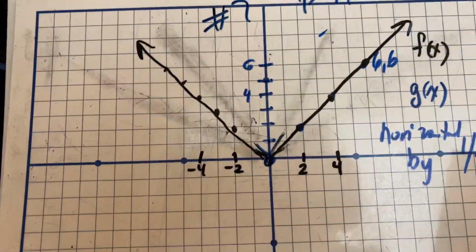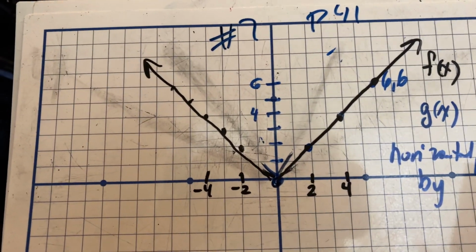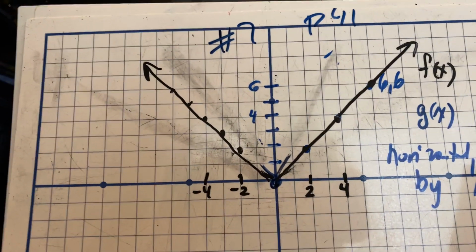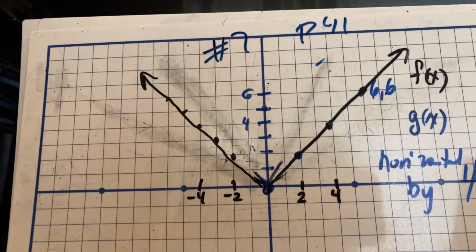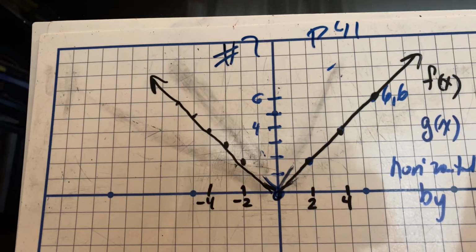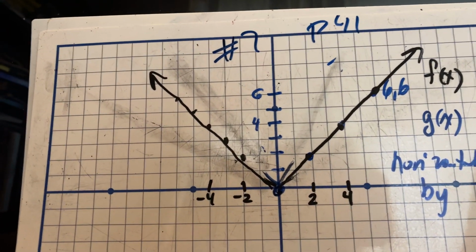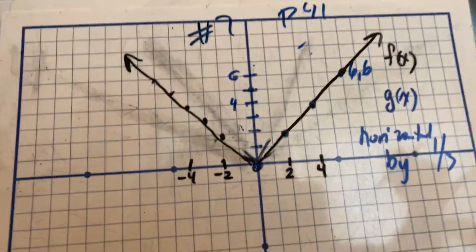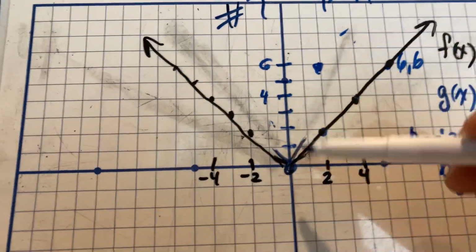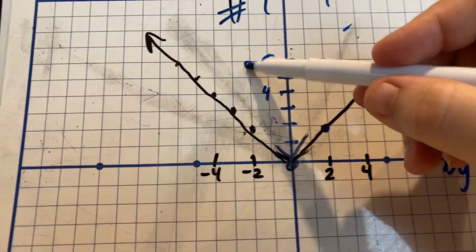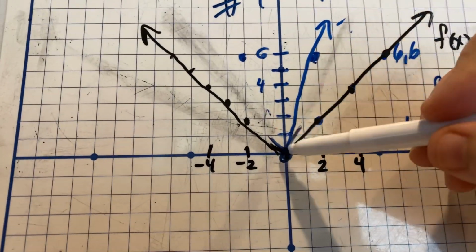A horizontal compression is going to be similar to a vertical stretch. So we're going to wind up with a graph that is narrower or tighter than the given one. And so 2 is going to go to 6, and also -2 is going to go to 6. I'm going to do this as quickly as I can. Sorry for the delay.